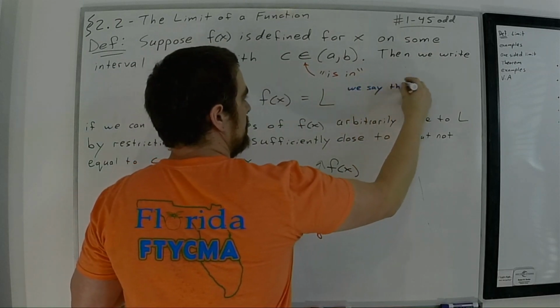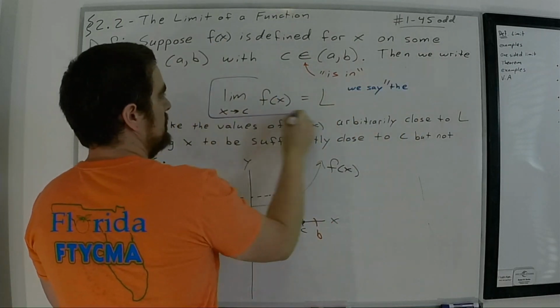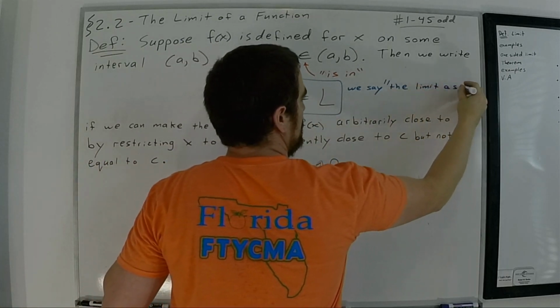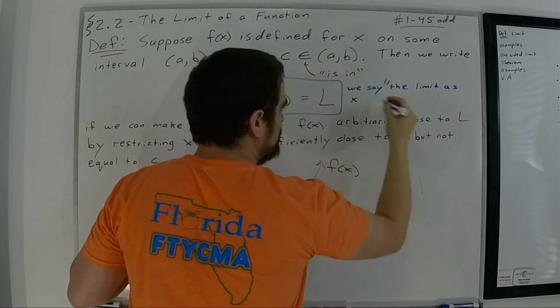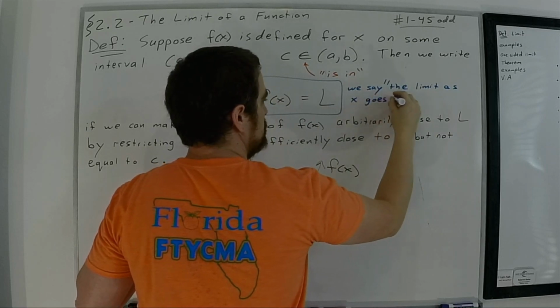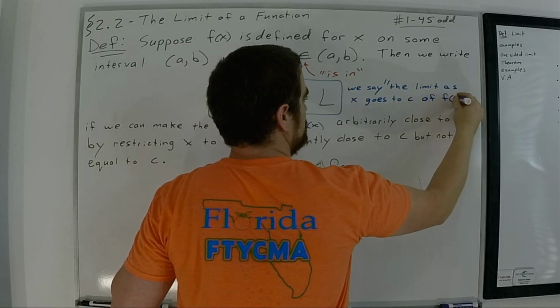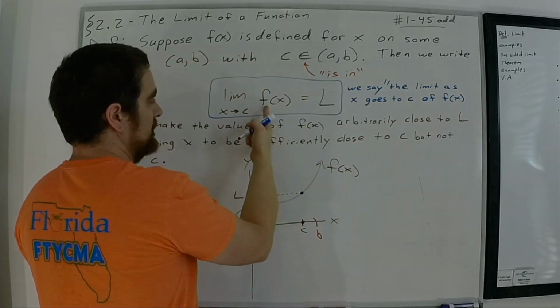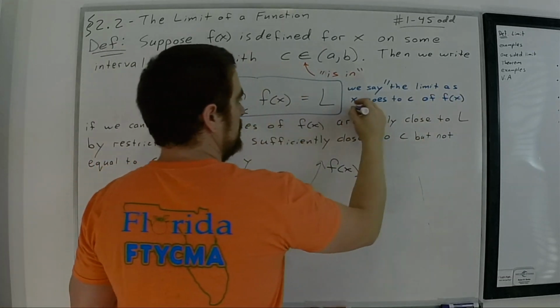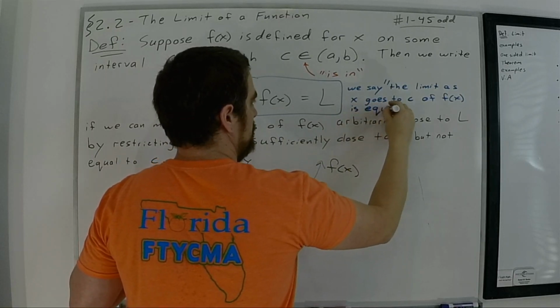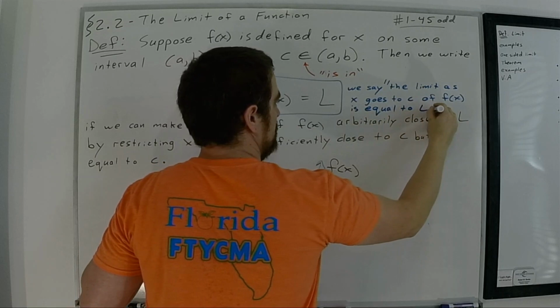We say, for this guy here, the limit as x approaches c, or goes to c, of f of x, we want to be specific what we're talking about. In this case, it's the function f of x, is equal to L, capital L. We'll just write the big capital L.